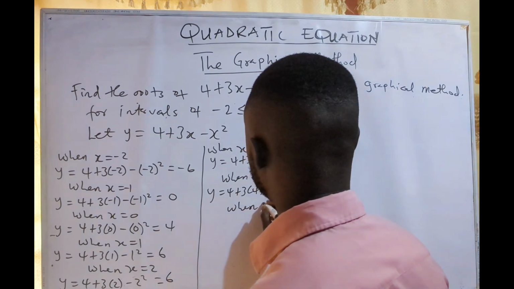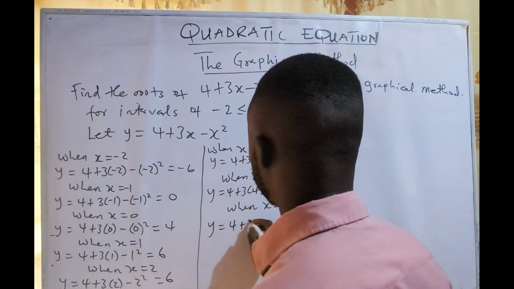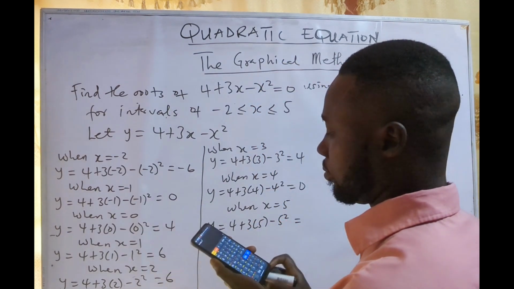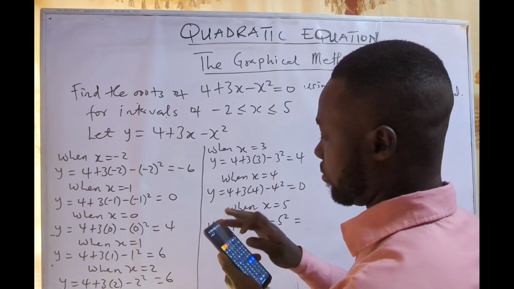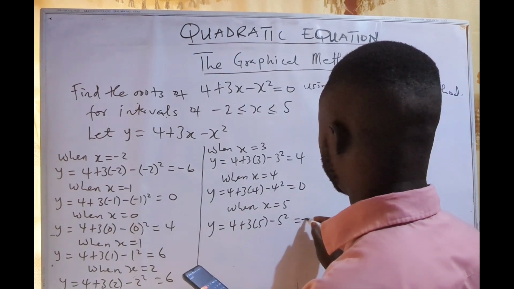And when x is equal to 5, then y will be equal to what? 4 plus 3 times 5 minus 5 squared, and that will give us negative 6.